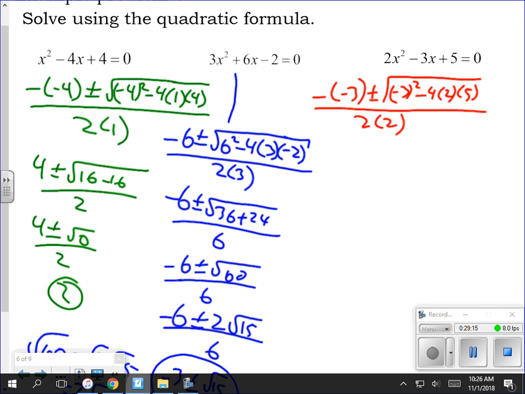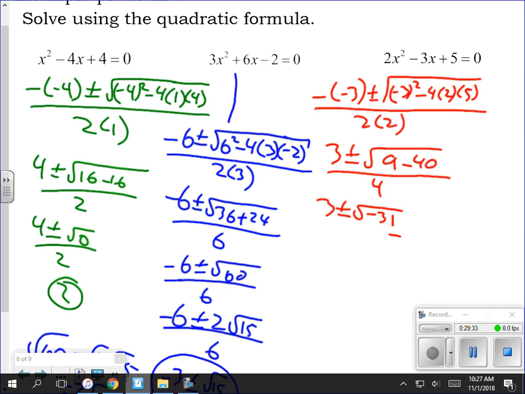Keeps me remembering what it is. So I have 3 plus or minus the square root of 9 minus 40 all over 4. 3 plus or minus the square root of negative 31 over 4.